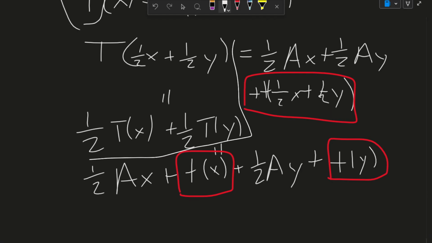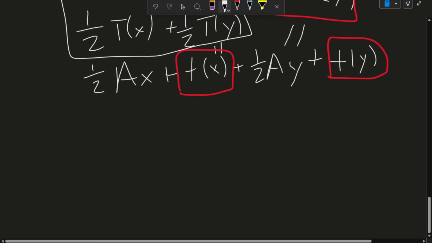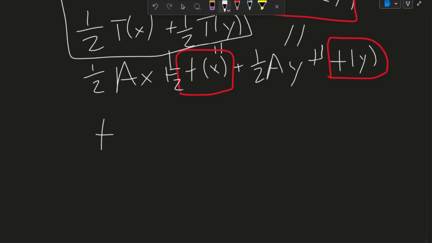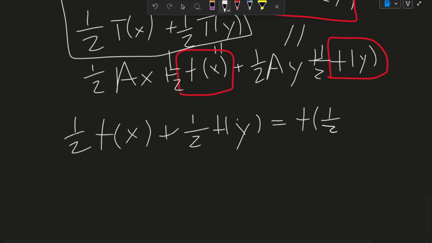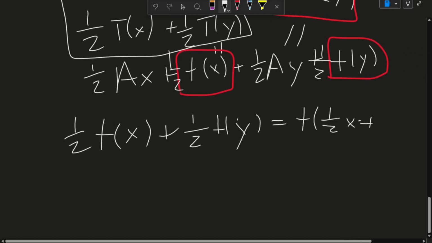So if we set these two right-hand sides equal to each other, this is identical to saying that we want 1/2 t of x plus 1/2 t of y to equal t of 1/2 x plus 1/2 y.